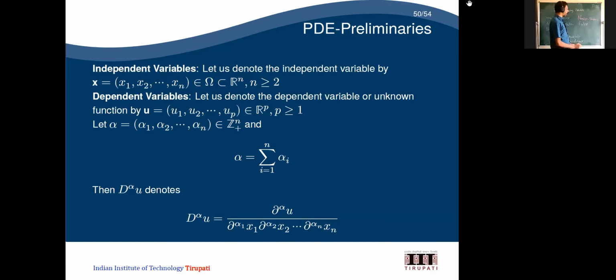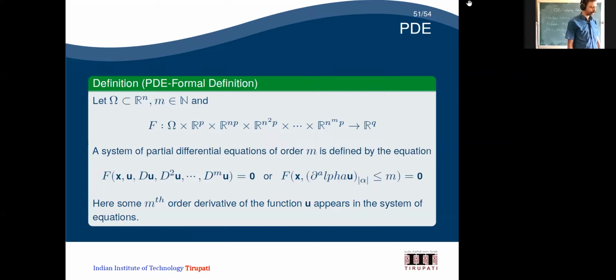Suppose I have something like dou power 5 u, I can define something like dou square x, dou cube y. Similarly I can define dou power 5 u divided by dou x, dou y, dou z. So like this you can define many such combinations, depending on the number of independent variables you are taking.